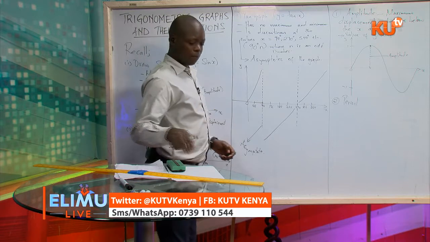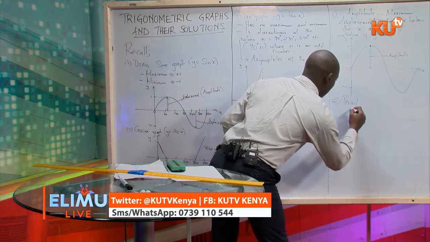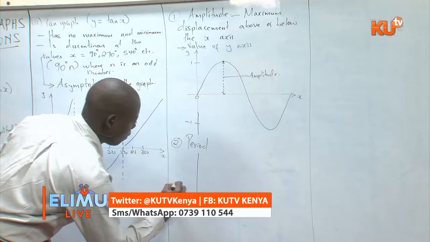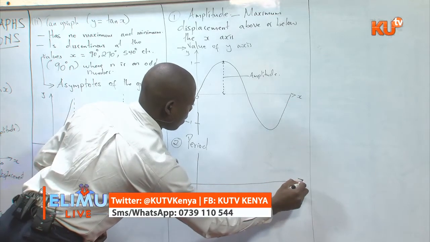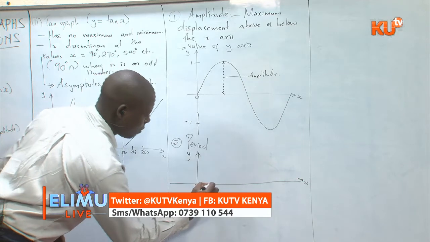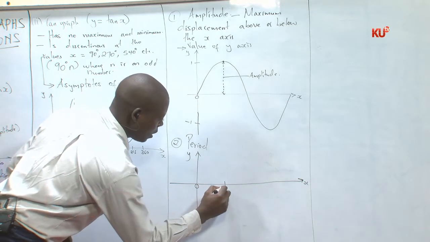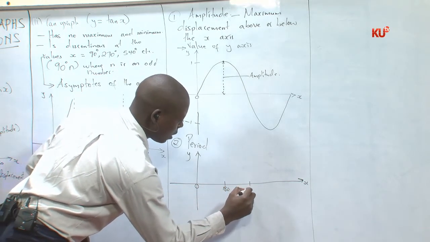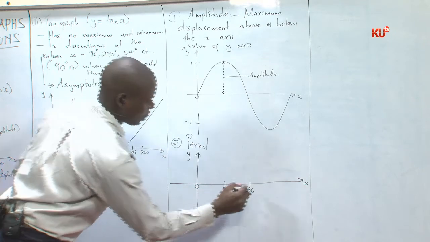In the case of a curve of this kind, if this is my x and this is my y, then I have 0. Let's put here 180, then here 360.